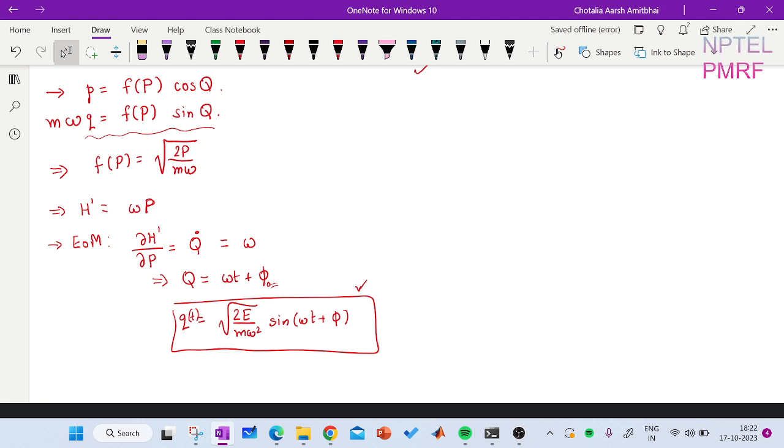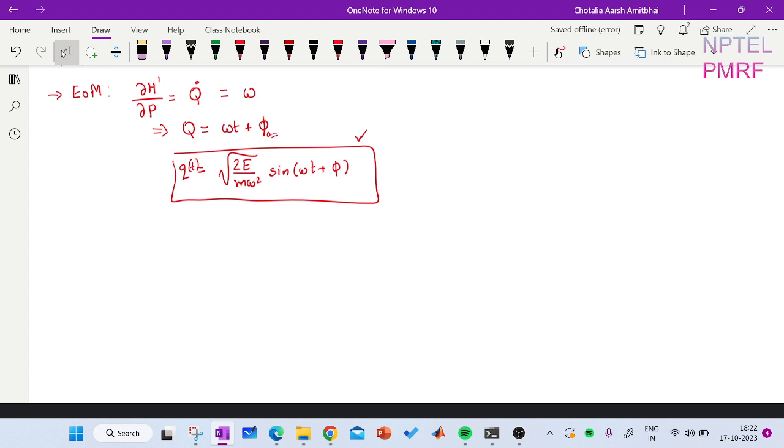Okay, and the last thing which we did was with Poisson bracket, and one thing you can notice is that Qj with Qk should give 0.